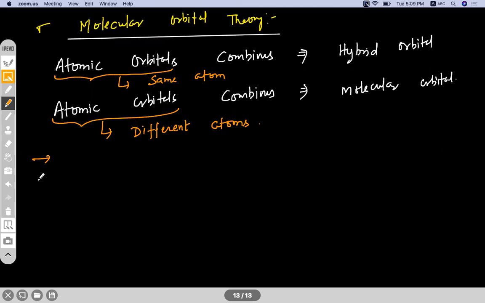So the basic difference you must take care of. Other things are very much similar to that of hybrid orbitals.